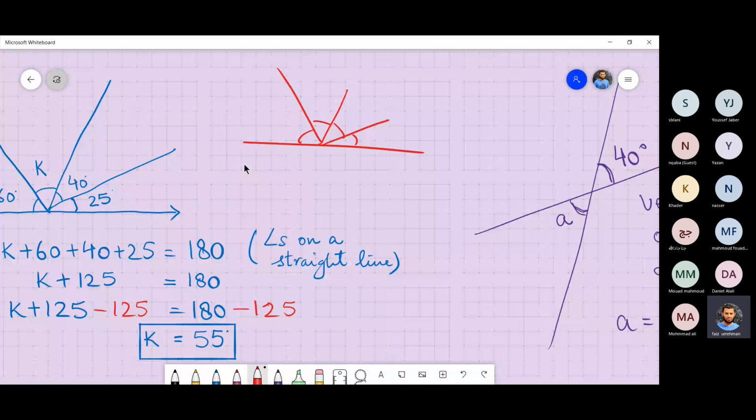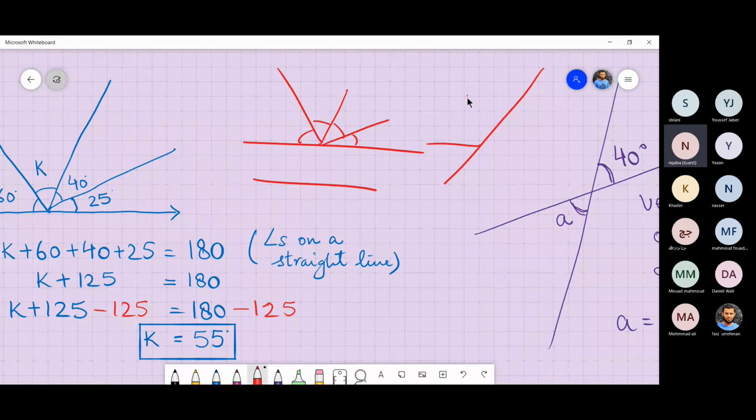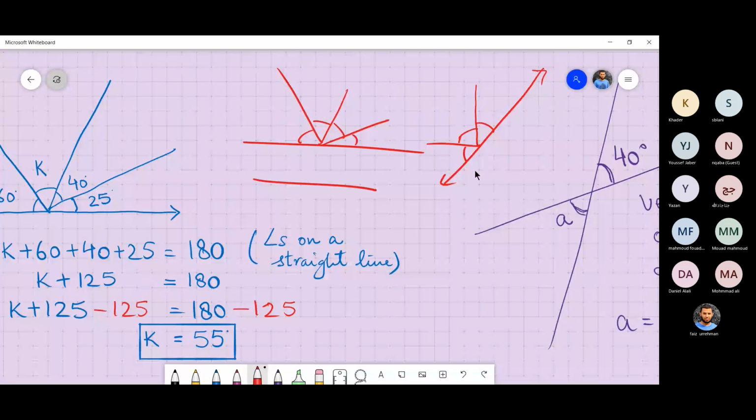So if a line is like this, no problem. If a line is like this, no problem. Now how many angles are formed in this one? Three. One here, one here, one here.